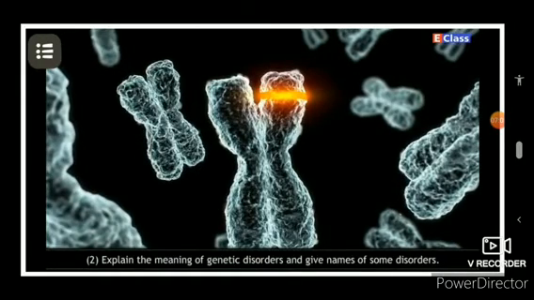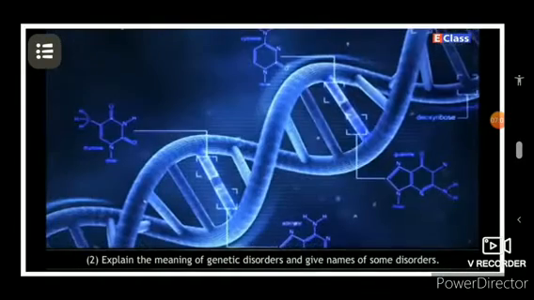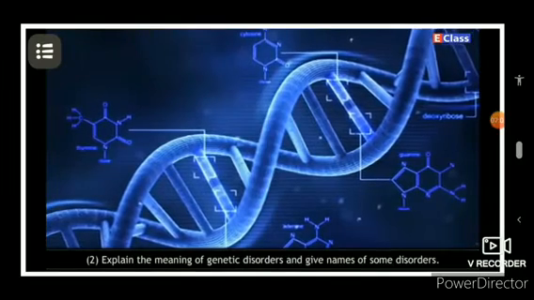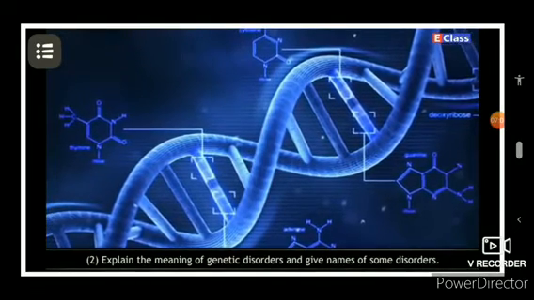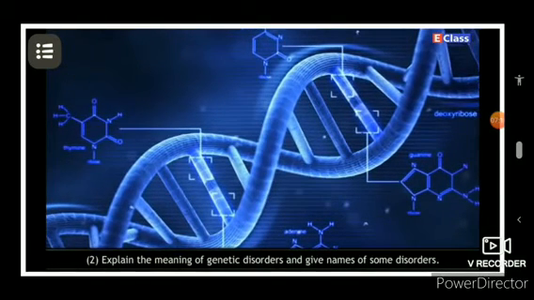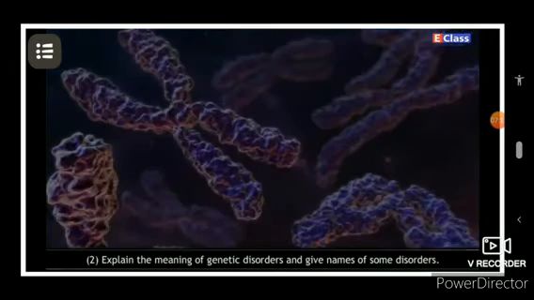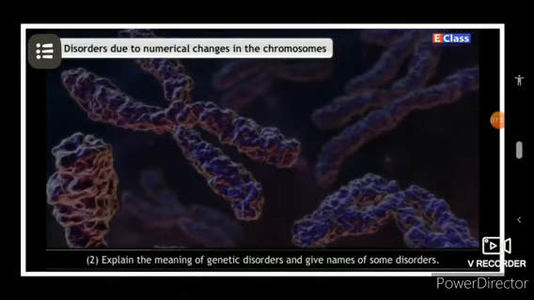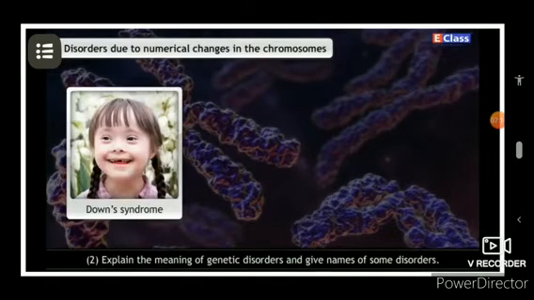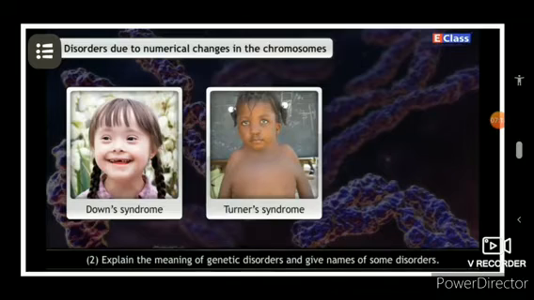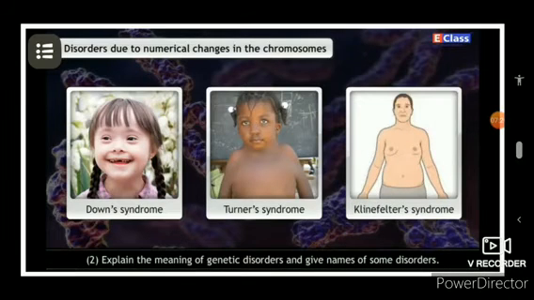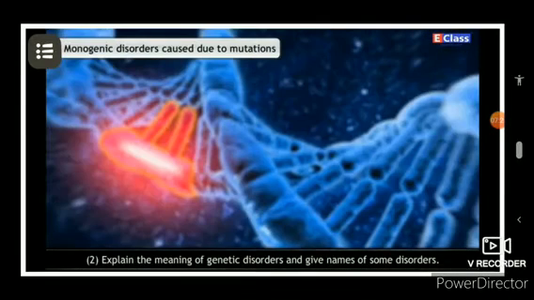Explain the meaning of genetic disorders and give the names of some such disorders. Disorders due to numerical changes in the chromosomes are known as Down syndrome and Turner syndrome.